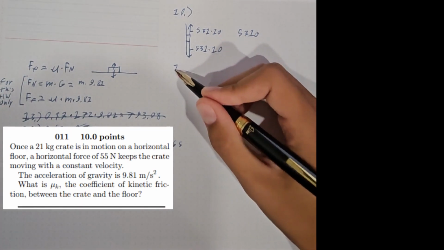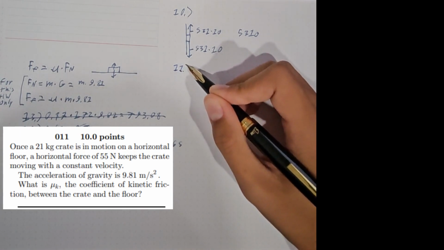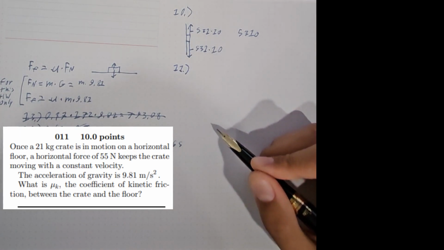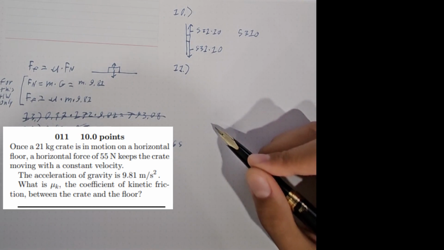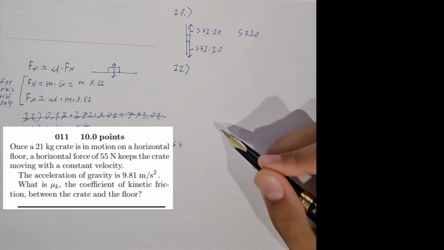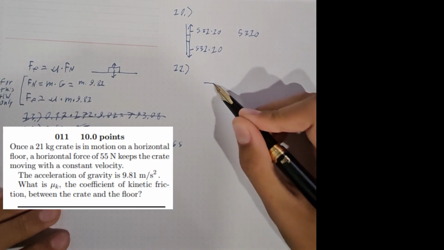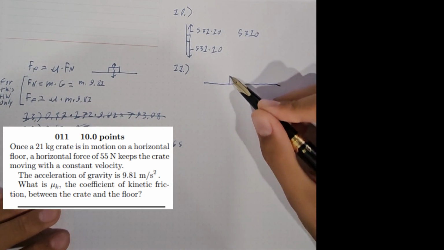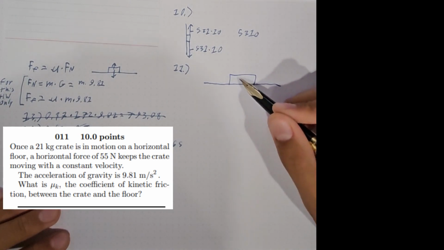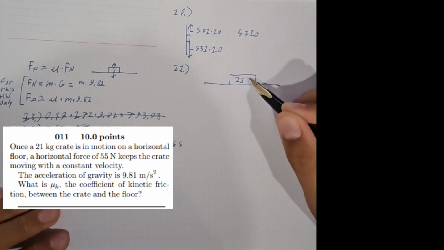Okay, question 11. So this is the question about the crate. The crate is being moved on a horizontal floor. The crate weighs 21 kilograms.